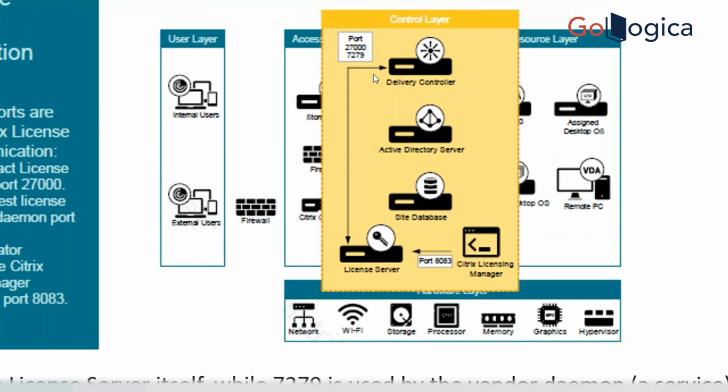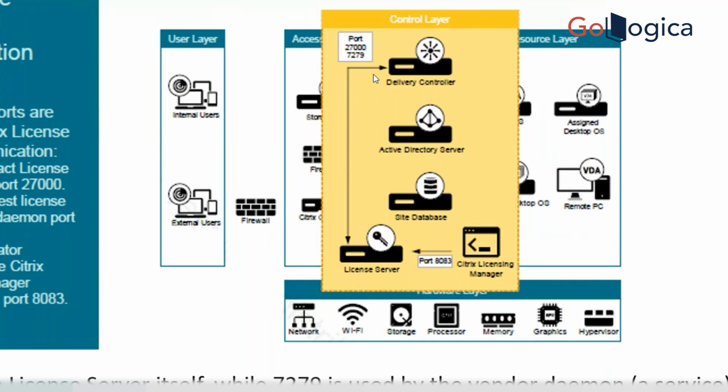The license server. The license server will tell whether you have the license or not, and which types of license you have. All this information is stored in the license server.